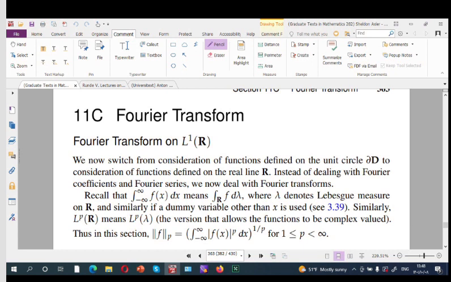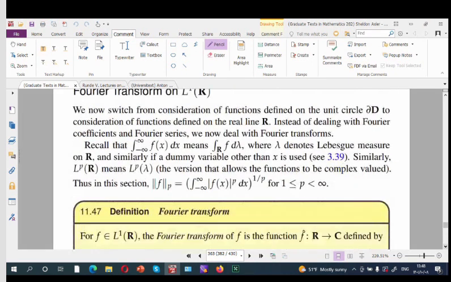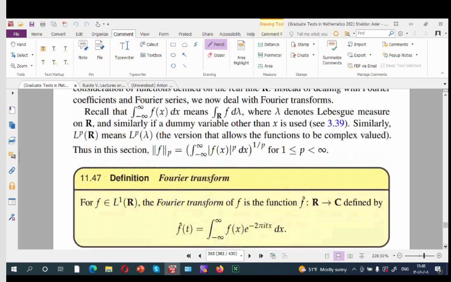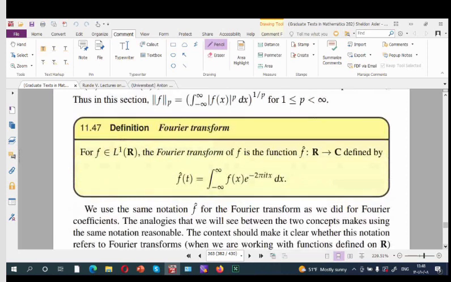Okay, we know this definition, but we have this definition for this session. Fourier transform: for any f in L1 of R, the Fourier transform of f is the function f hat from R to C defined by this equality.